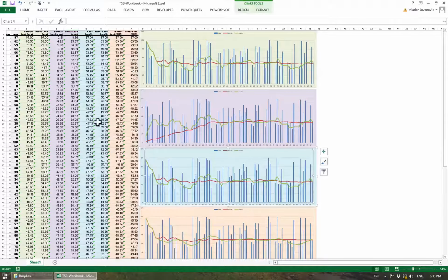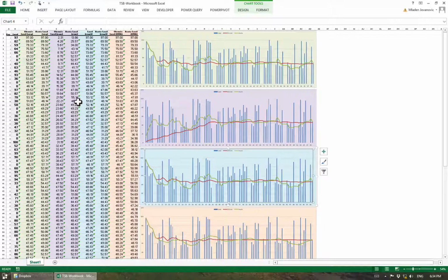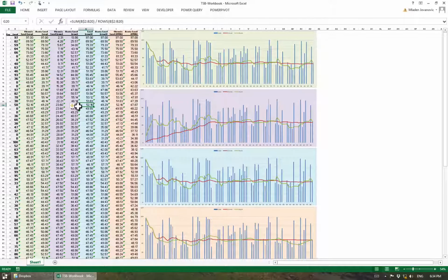I've been playing a little bit with those two methods, and the main problem with using sum divided by 42, the pink color, the rose color, and sum divided by 7, is that it takes time to build up to get the actual baseline, especially for the chronic one. One way to solve it is, instead of dividing by 42, you divide by the number of days involved.